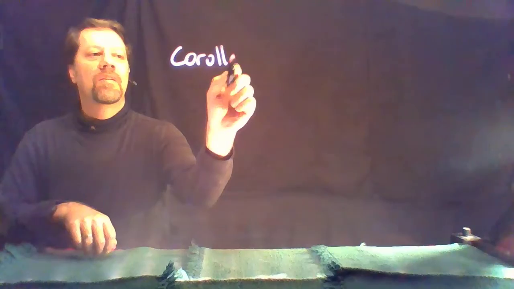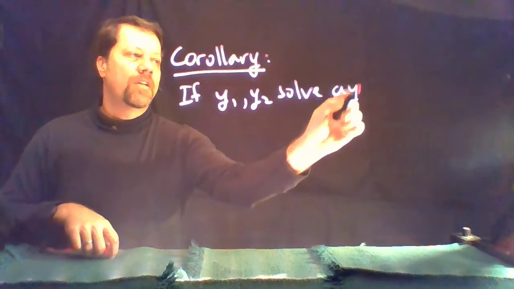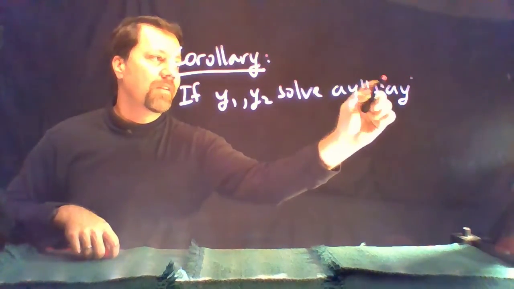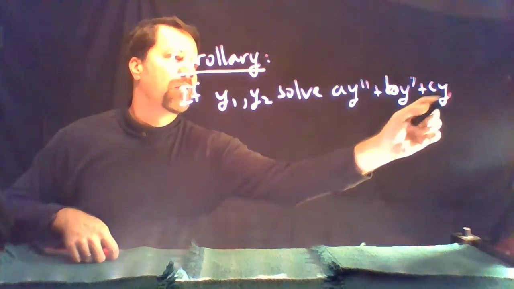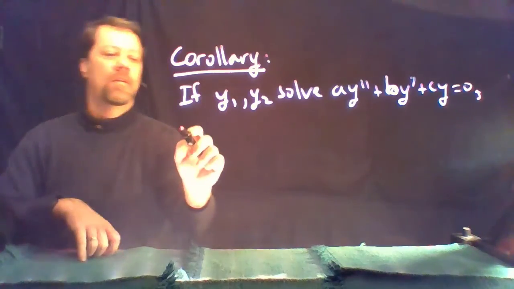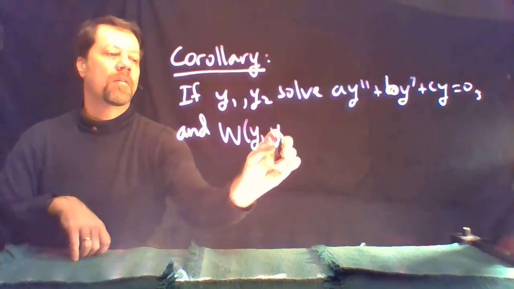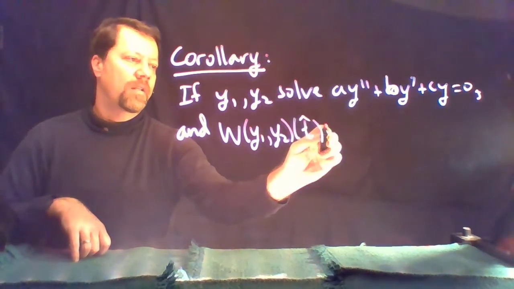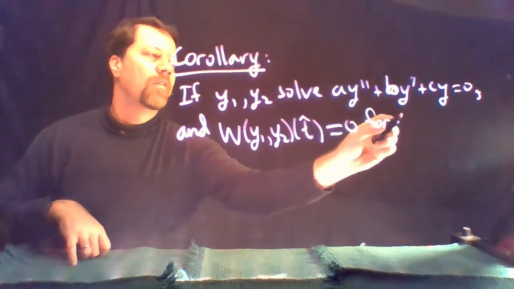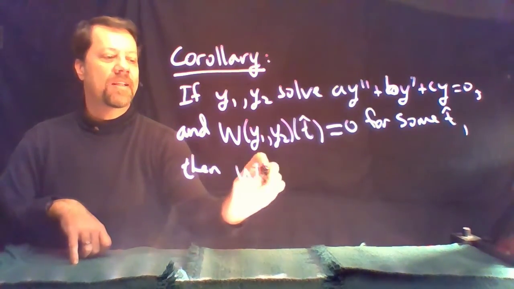We should probably state as an explicit corollary that if y1 and y2 solve our second-order linear constant coefficient homogeneous ordinary differential equation, and if the Wronskian is equal to 0 for some t hat, then the Wronskian is identically 0.